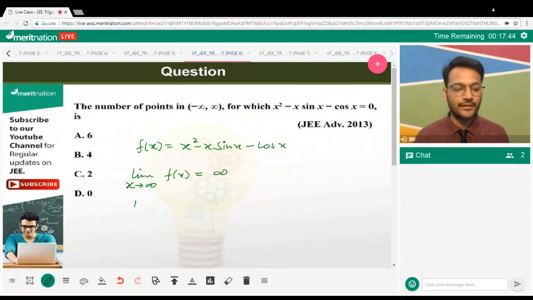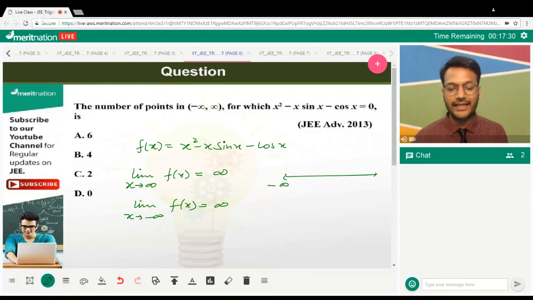Similarly, if I talk about x tending to minus infinity, for a very high negative value, because it's x squared that is the highest term, again it'll be infinity. So for positive infinity as well as for negative infinity, the graph is moving to infinity.